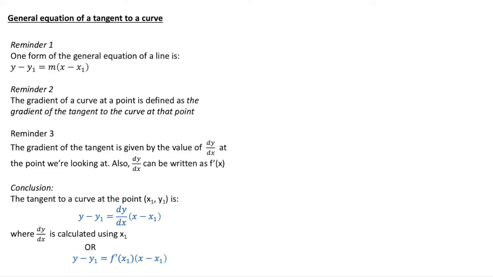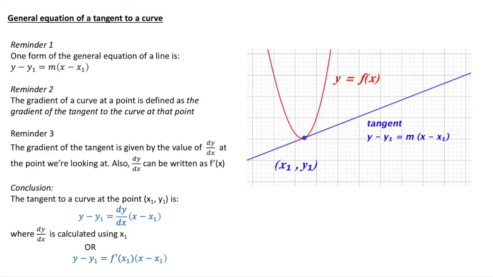So those are equivalent forms. Okay, so let's have a look at one. We have a curve y equals f(x), and a point on that curve (x1, y1). The tangent there is going to be y minus y1 equals m(x minus x1), where m is either dy/dx calculated at x1 or equivalently f'(x1).